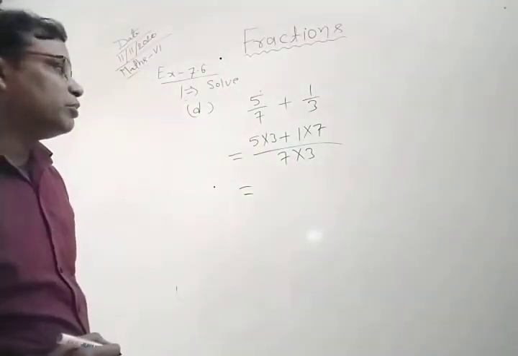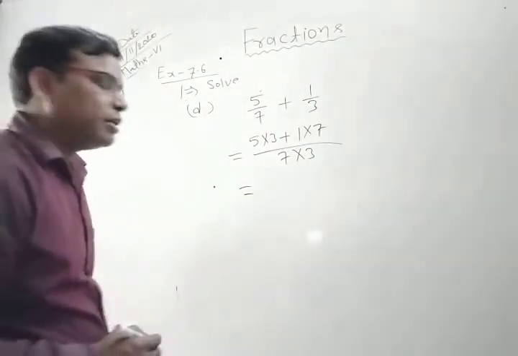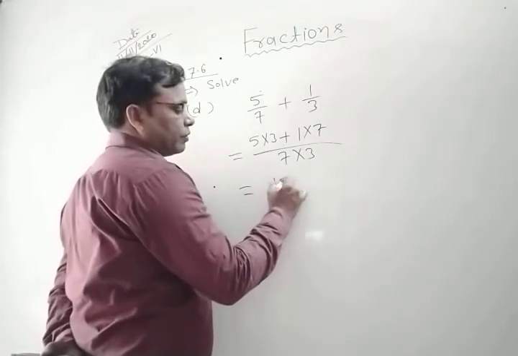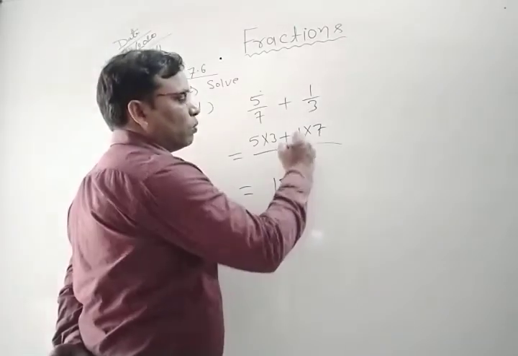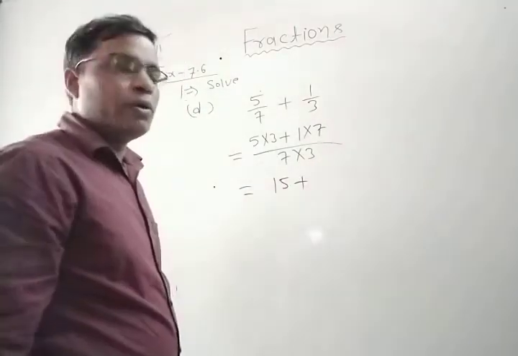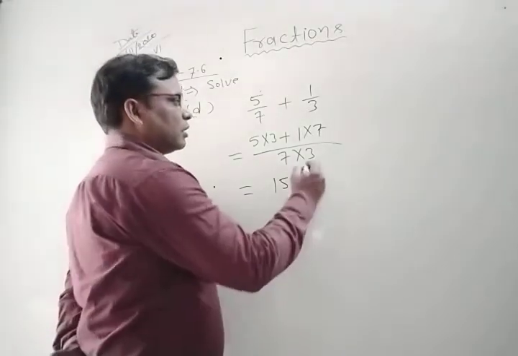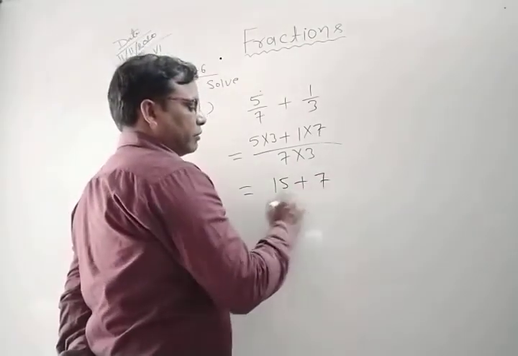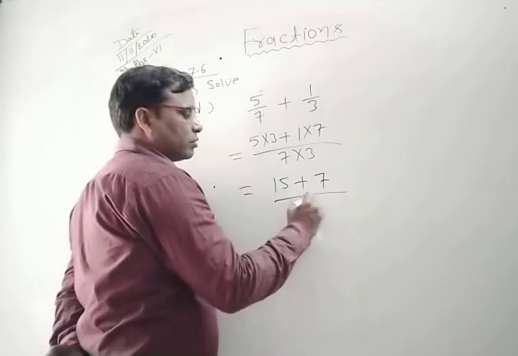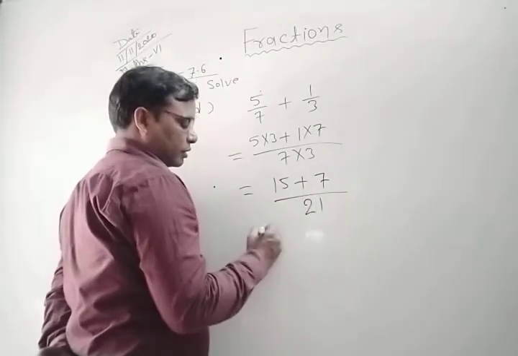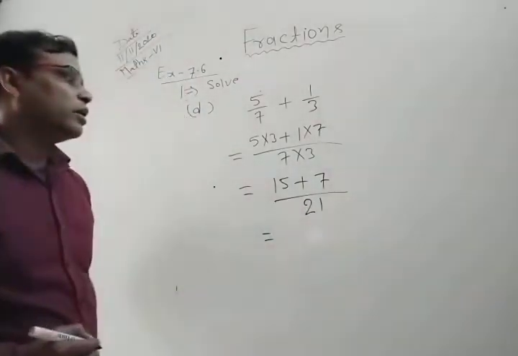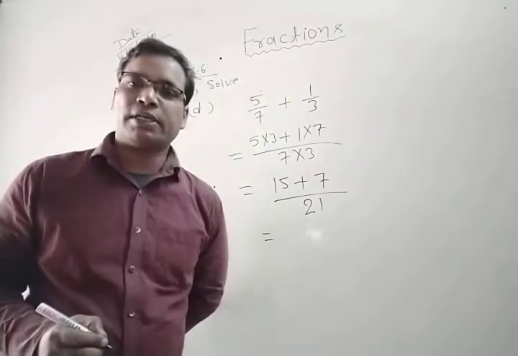So what you can see here: 5 into 3 is equal to 15, plus 1 into 7, which is 7, and 7 into 3 is 21. Clear? So 15 plus 7 is equal to what?